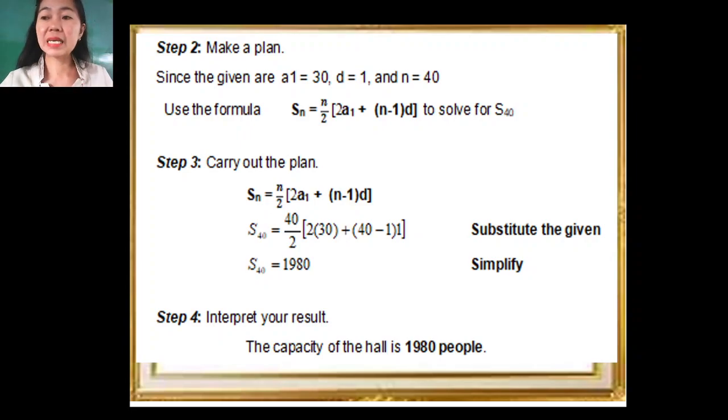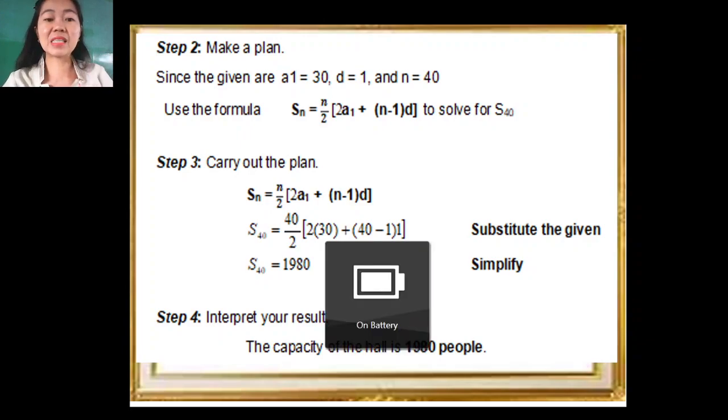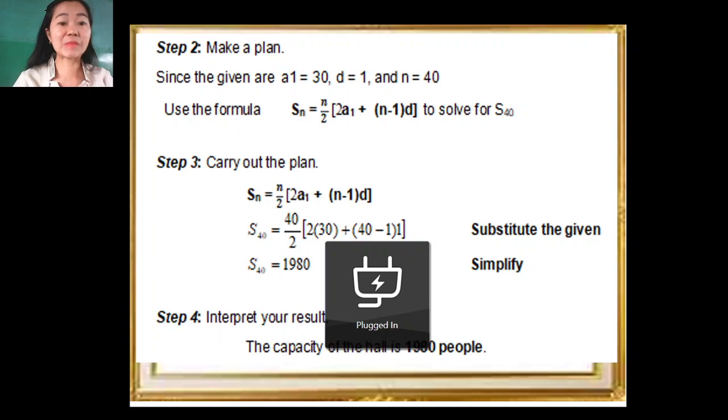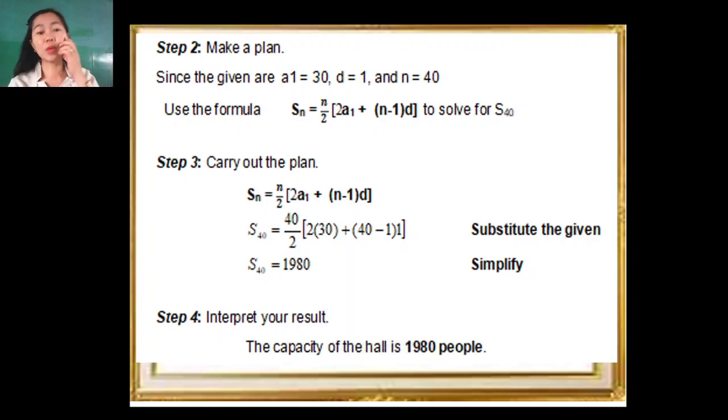Step 3, carry out the plan. So, using the formula, S sub n is equal to n over 2 times the quantity 2a sub 1 plus the quantity of n minus 1 times d. Then, we are going to substitute the given data in our formula.